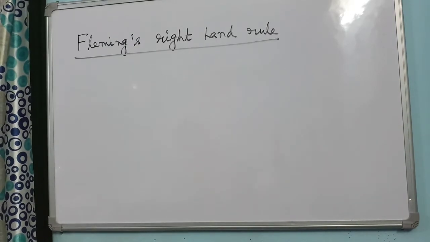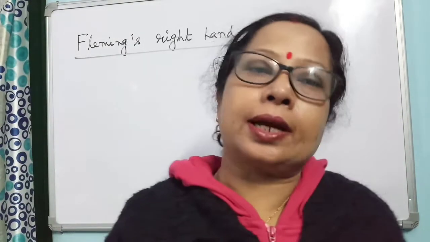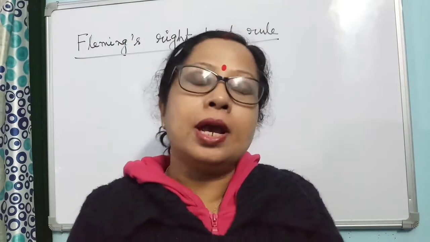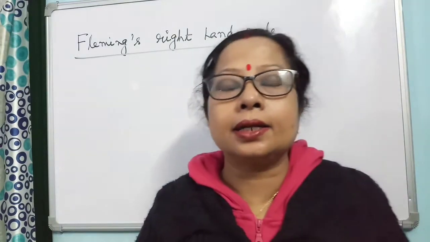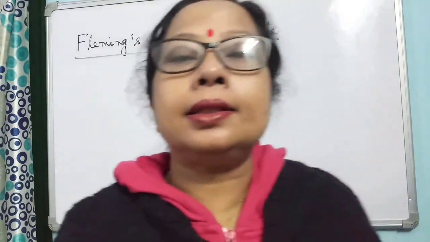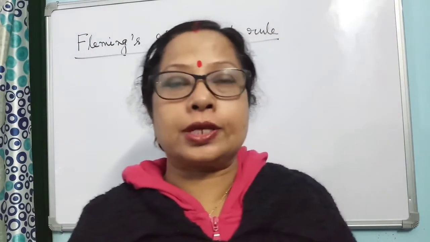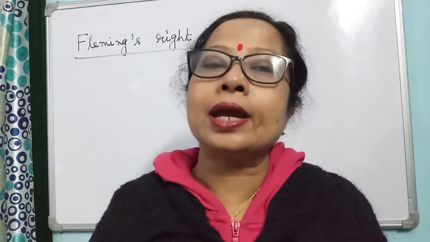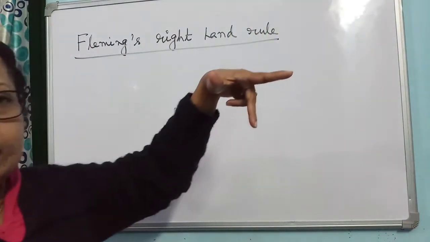Now, there is another rule by which one can find the direction of the induced current. That is given by Fleming's right hand rule. I hope you remember that when a current carrying conductor is placed in a magnetic field, the conductor experiences a force, and the direction in which the conductor moves we can find by Fleming's left hand rule.